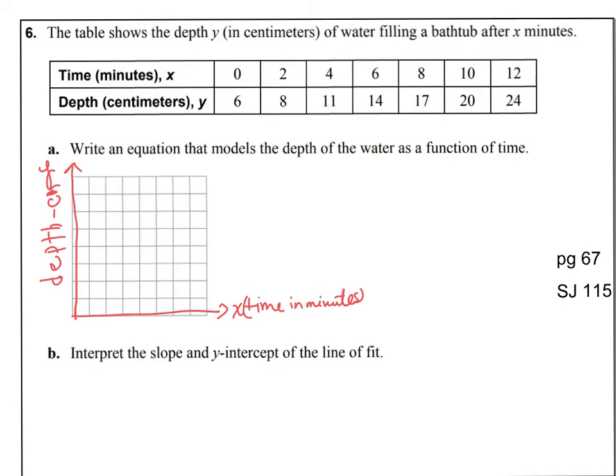I'm going to go by 2s. 2, 4, 6, 8, 10, 12, 14, 16.